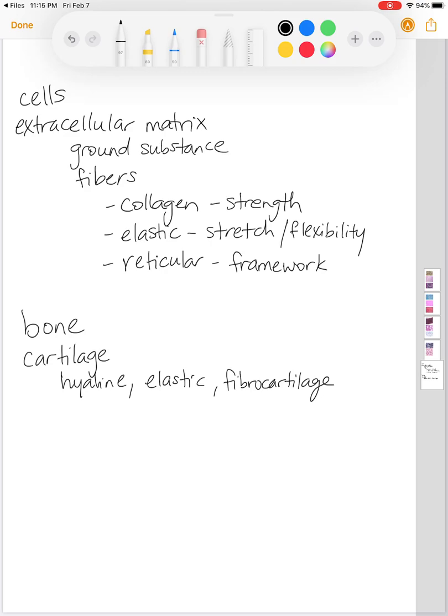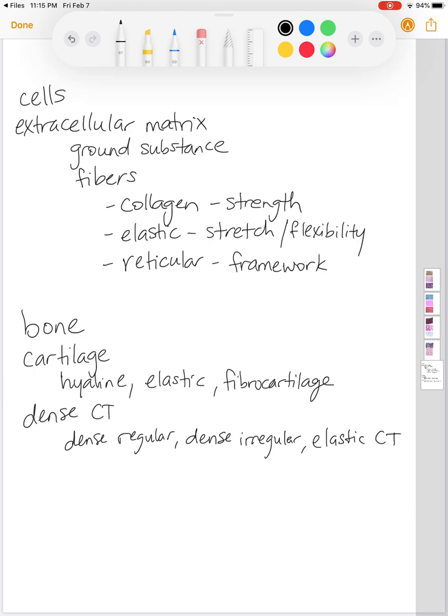Then we'll get into the next type, which is dense connective tissue. There are a few types of dense connective tissue, okay? We have dense regular connective tissue, dense irregular connective tissue, and what's called elastic connective tissue. Now do not confuse elastic connective tissue with elastic cartilage. Those are two different types of tissue, okay?